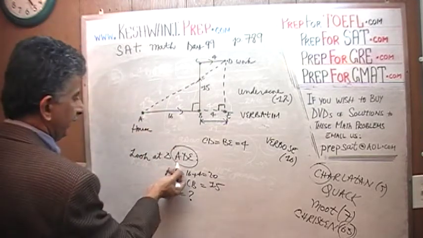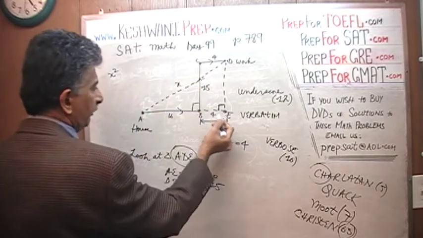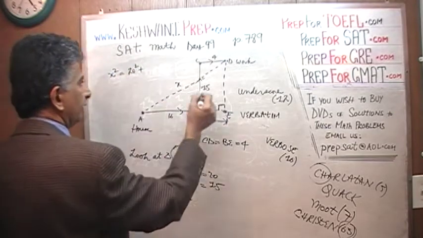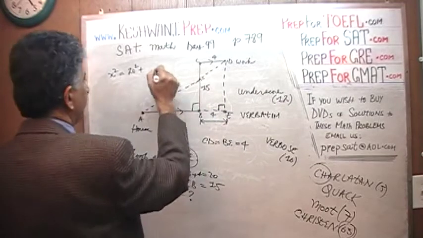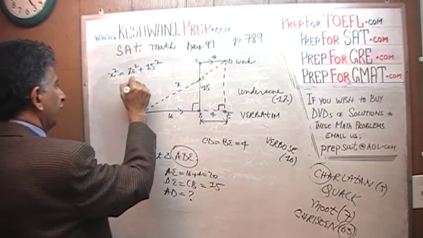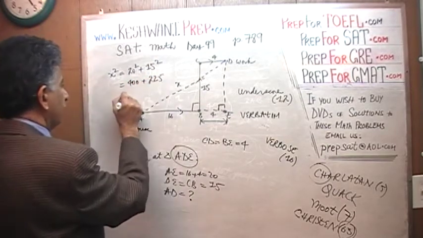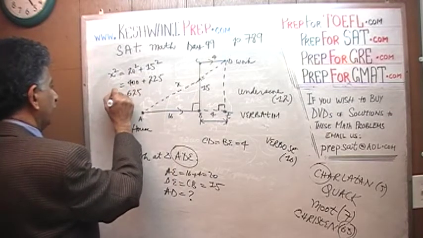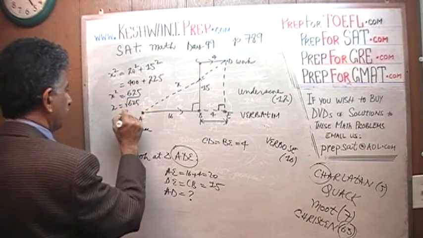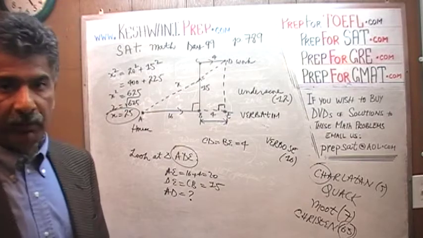In triangle ADE, we have x squared, the hypotenuse, equals the base, which is 16 plus 4, which is 20 squared, plus 15 squared. 20 squared is 400, 15 squared is 225, 400 plus 225 is 625, and x would be the square root of 625, which is 25. So she's going to end up driving 25 miles.